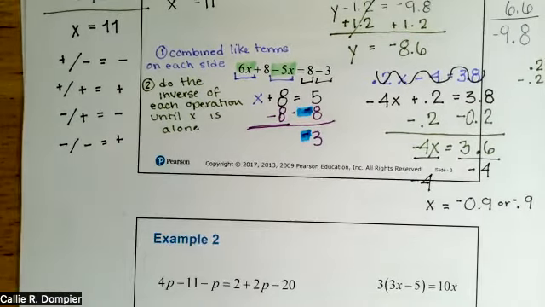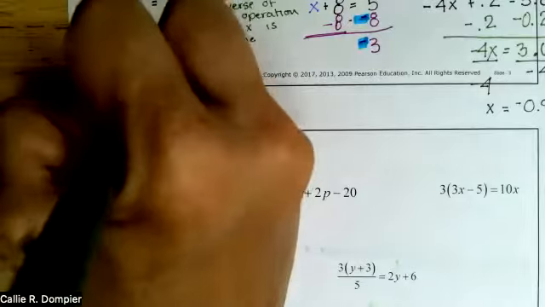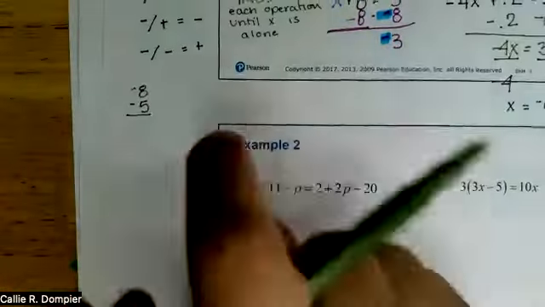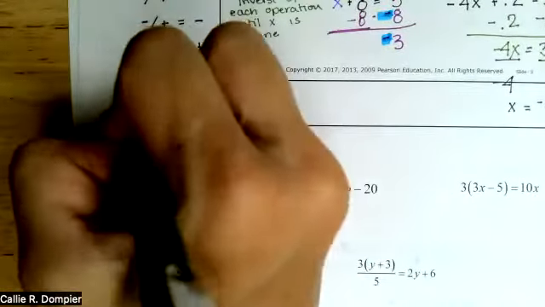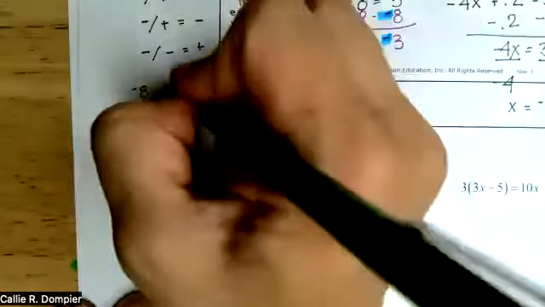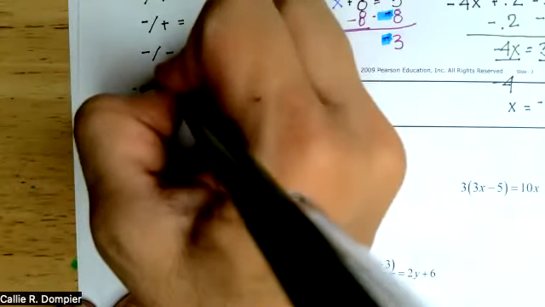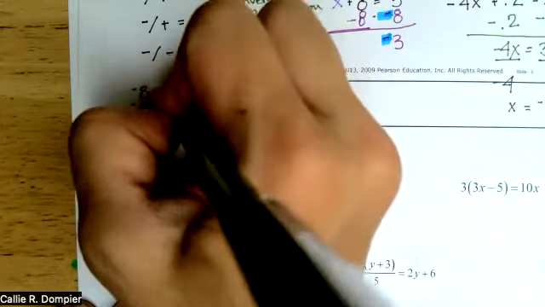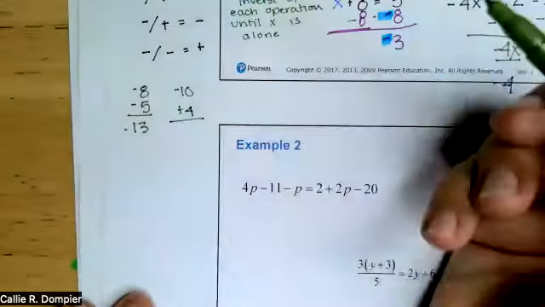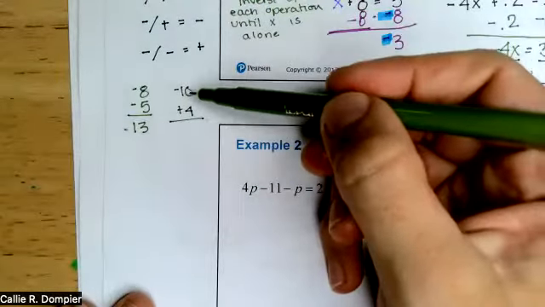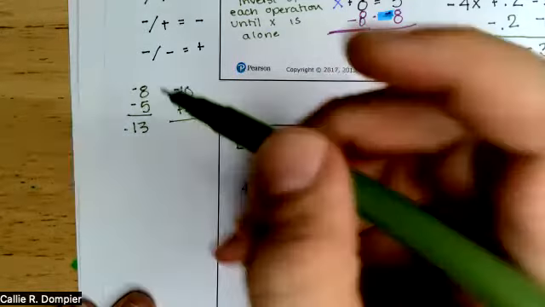If they have the same sign, you're just adding them and using that sign, right? If it was negative 8 minus 5, you're just adding 8 and 5 is 13, but it's a negative 13. If it is negative 10 and 4, I need to put the 10 on the top, subtract the 4.